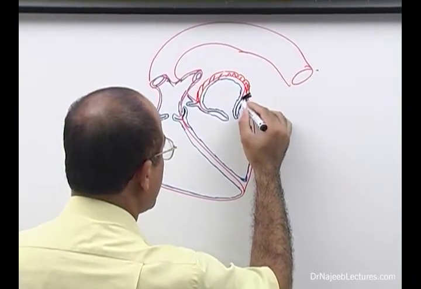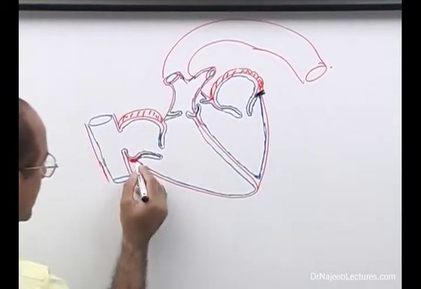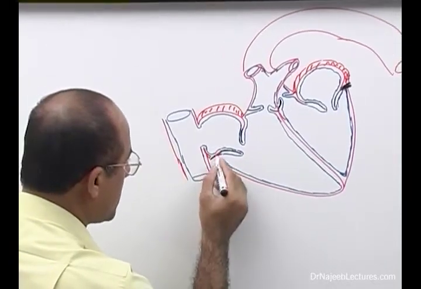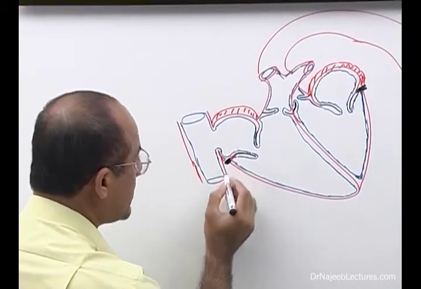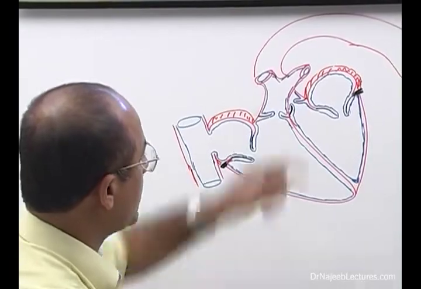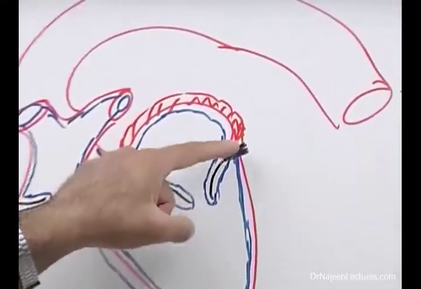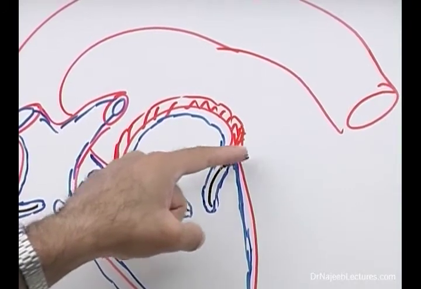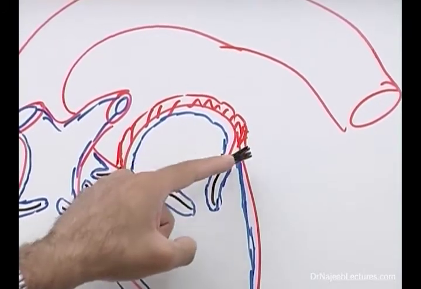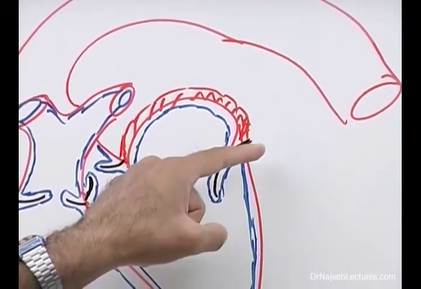One point which is very important, and I will illustrate later, is that myocardium of atria and ventricle is not continuous. Here is atrial myocardium and here is ventricular myocardium, they are separated from each other by fibrous tissue. Is that right?